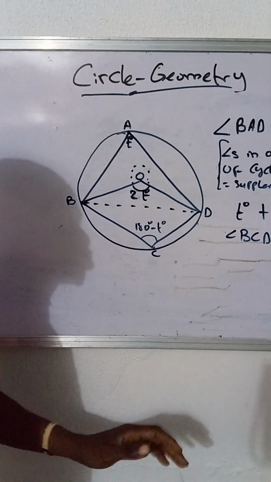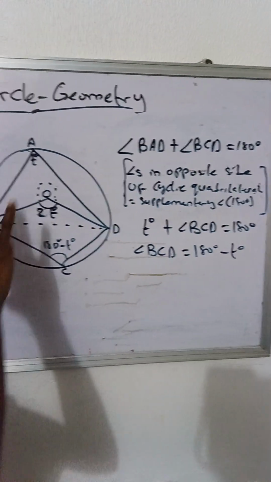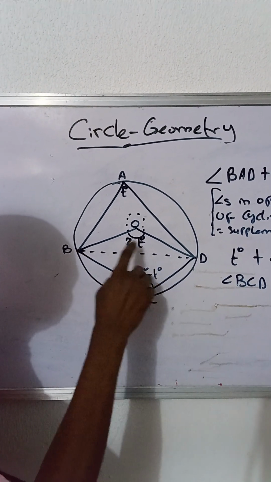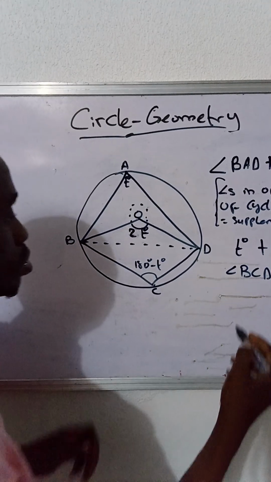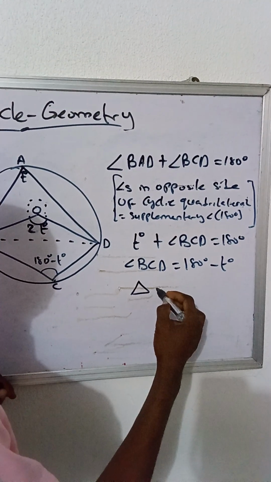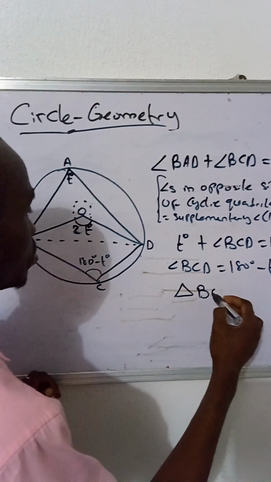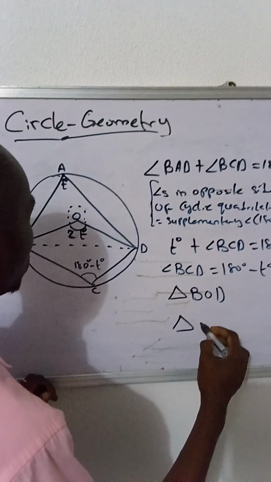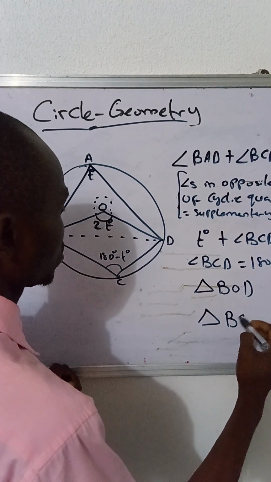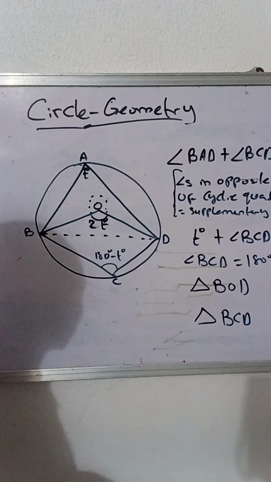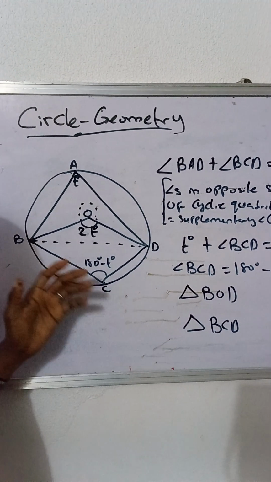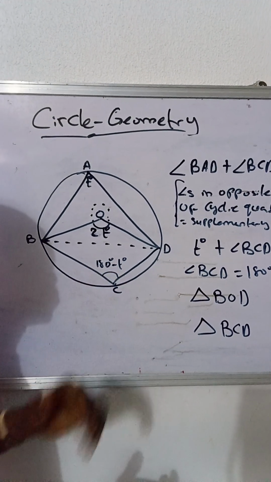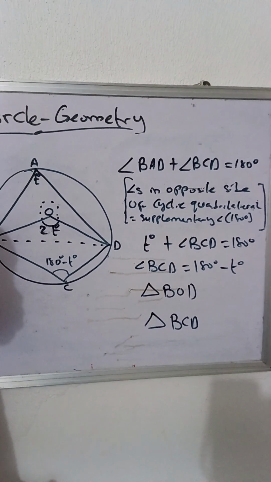Now the third one is to look at the shapes. You can see triangle BOD. You can also see triangle BCD. These triangles together happen to form what we call a rhombus, right?